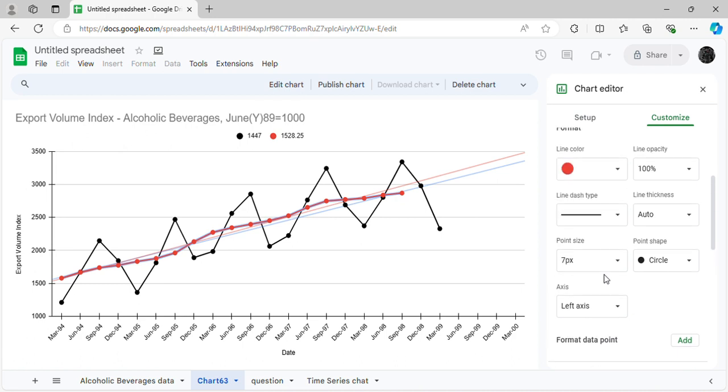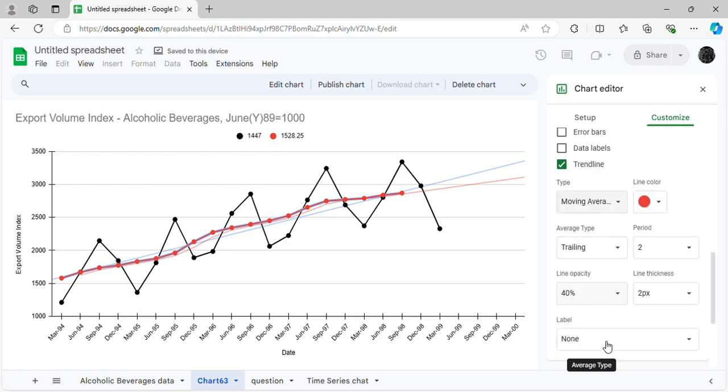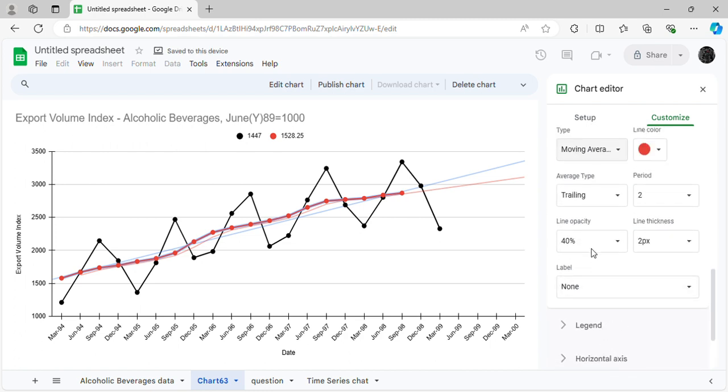The type will be moving average, and the average type will be centered.